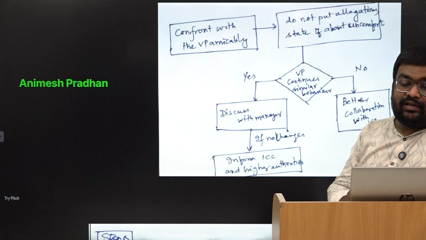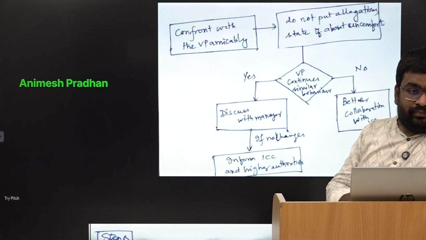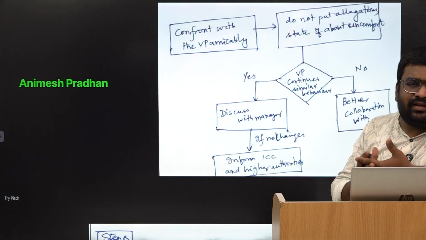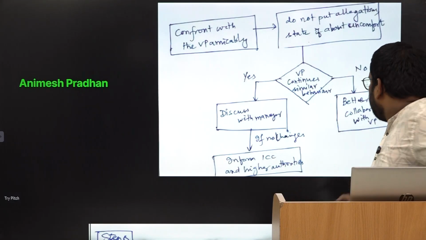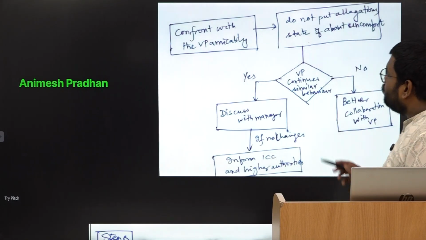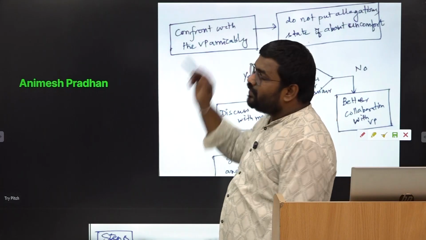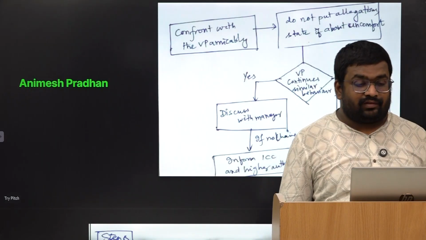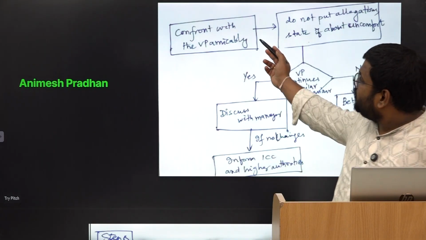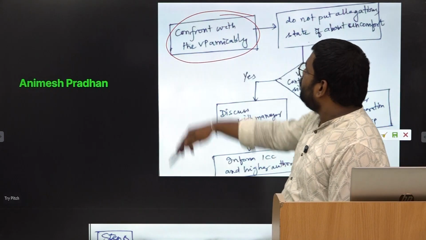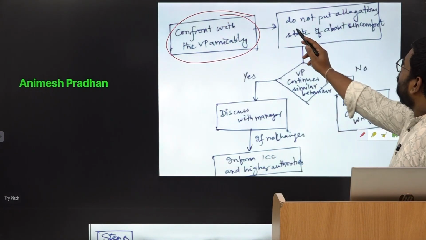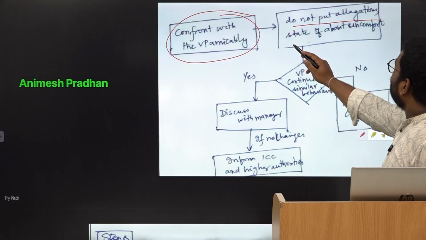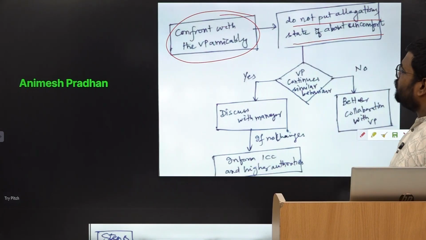Right, so while highlighting the course of action, suppose in any case study, it gives you an edge in terms of highlighting the different possibilities. So the first step that you will be doing is confront the VP directly, then do not put allegations and just state your discomfort.